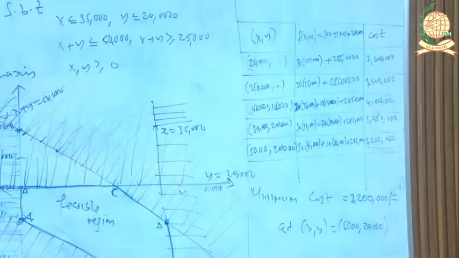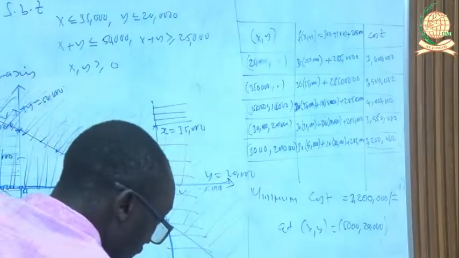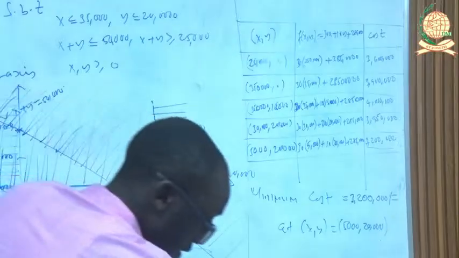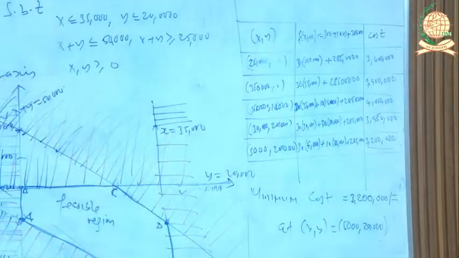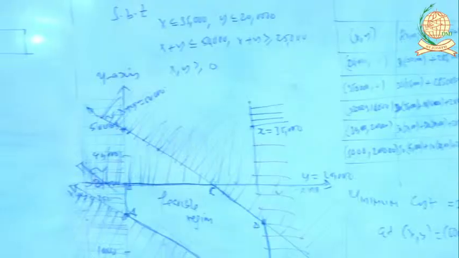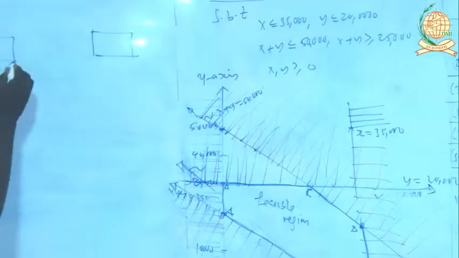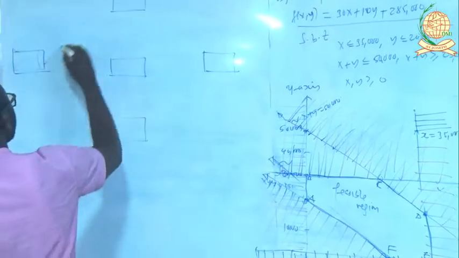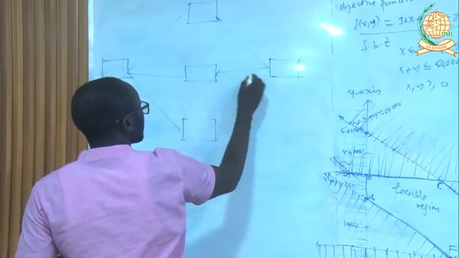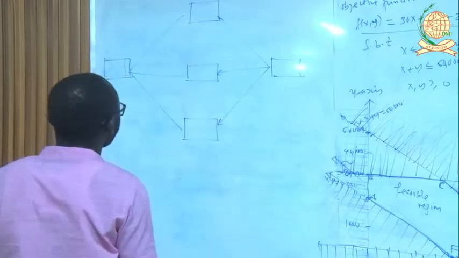You can try to redraw the schedule, and you know how it was before. We had the destinations here, and we had the pumps. Water goes from the source to these pumps.